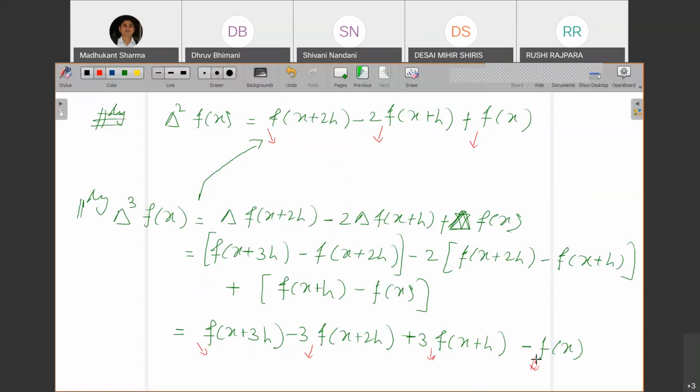If you have first forward difference, you have the negative sign with f of x. One more important thing is the coefficients. If you recall, this is 2c0, 2c1, 2c2, the binomial coefficients. Similarly here, this is 3c0, this is 3c1, alternating plus and minus, 3c2, and that is 3c3.